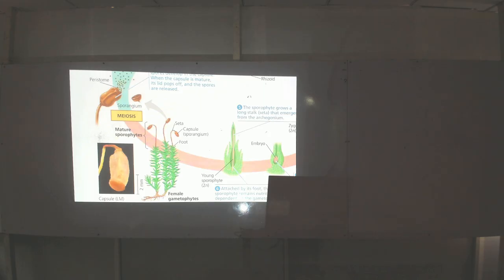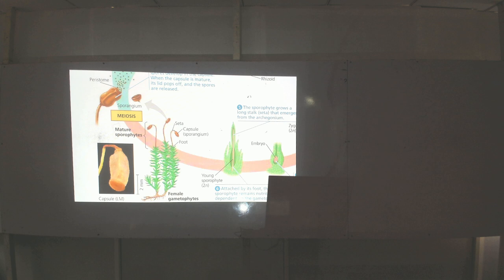So it's like the starting end of evolution. We are going to end up with gametophytes that you couldn't even see with your eye. But at the start, they are the big things, right? They are the dominant generation at the beginning. So you can see the female gametophyte is dominant, green color.